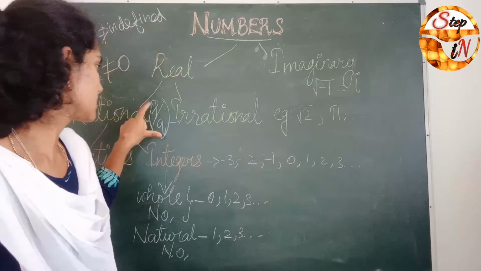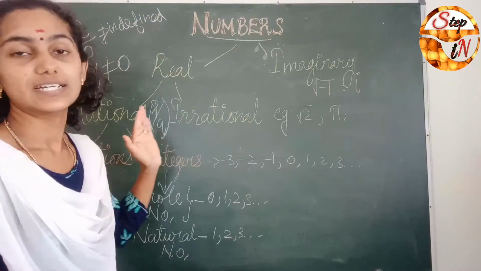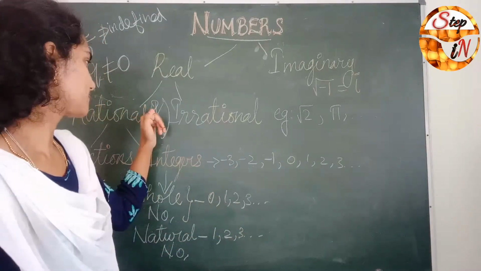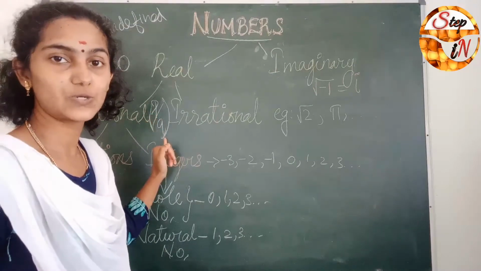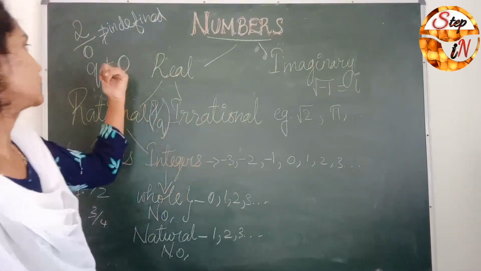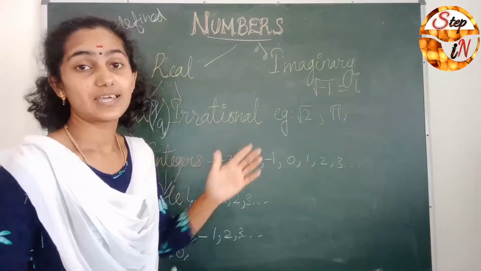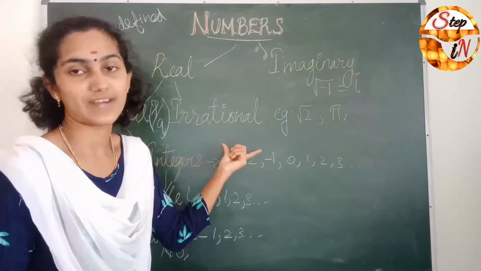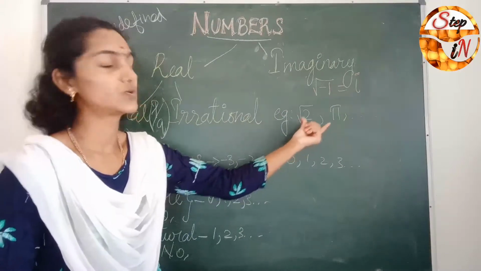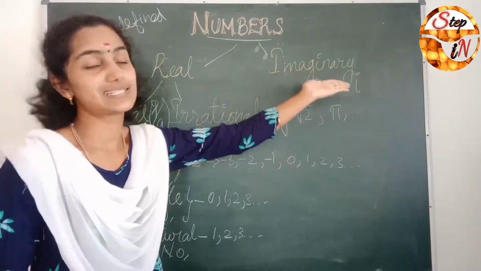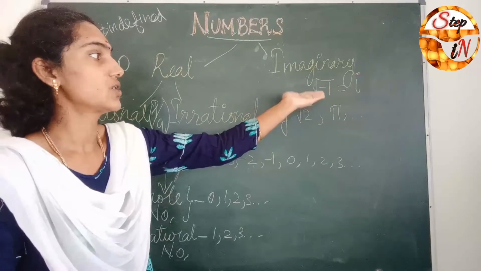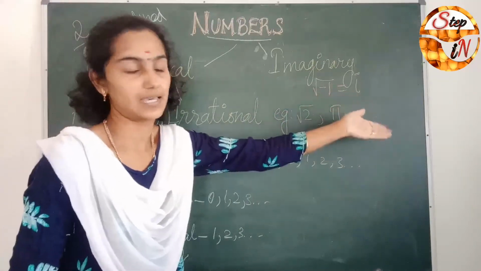Irrational numbers cannot be written as a fraction, like root 2, pi, etc. And imaginary numbers, that we have seen, root minus 1 is i.